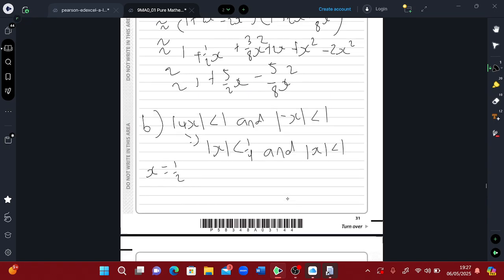But however, mod x has to be less than a quarter. So if we were to combine them together, to be able to use the expansion as a whole, x has to be less than 1, but x also has to be less than a quarter, so x has to be less than a quarter, right?